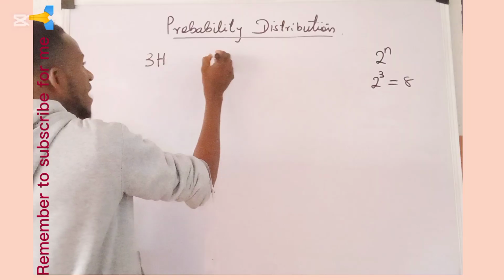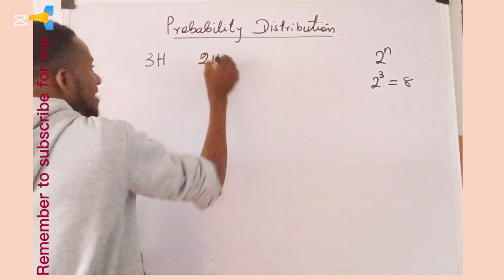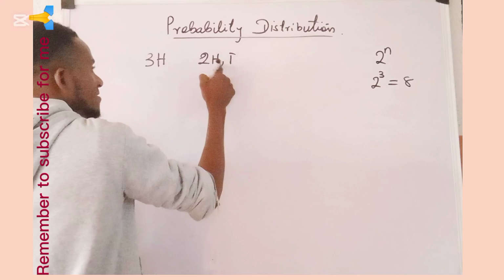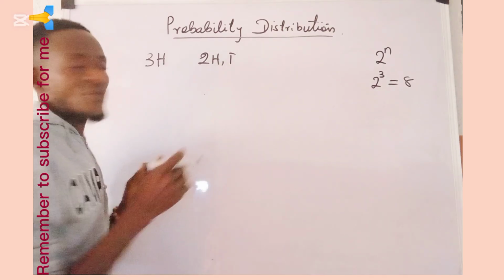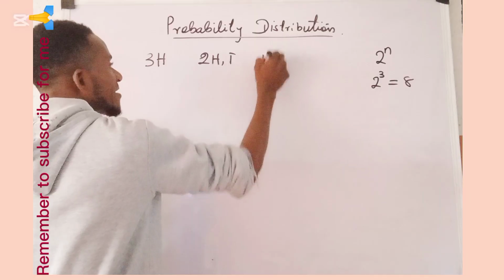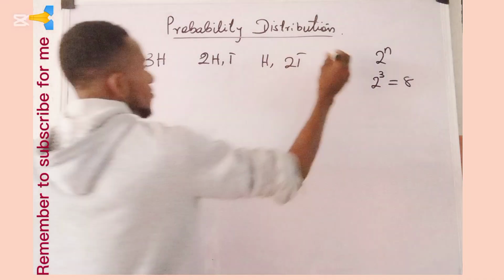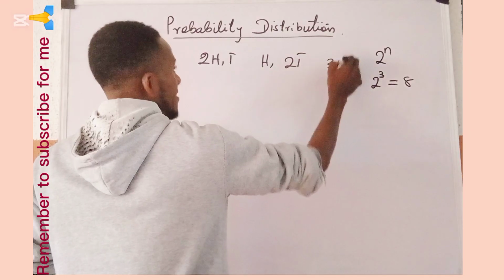So in that case, you are going to have 2H, comma, T. Then it is also possible that you are going to have only 1 head and 2 tails. And it is possible that you throw it up now and you have 3 tails.